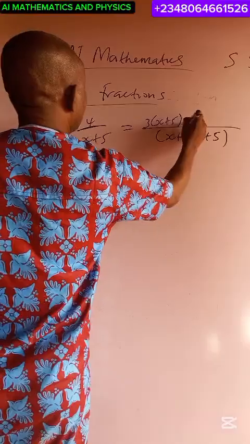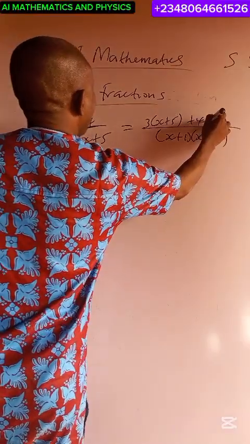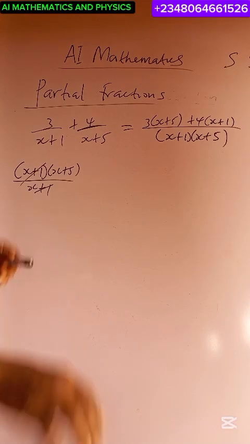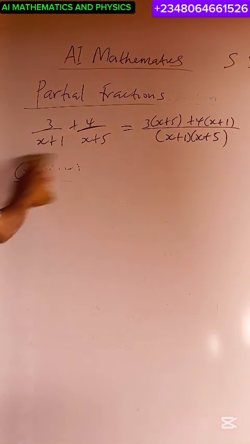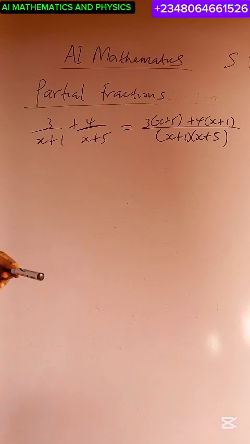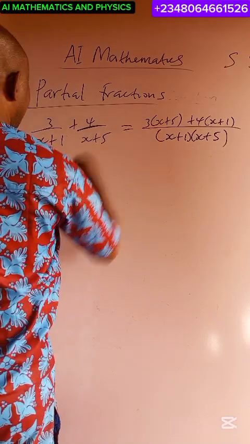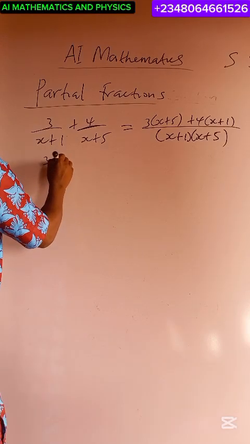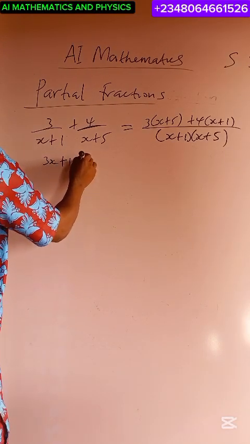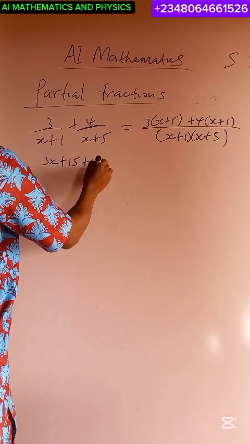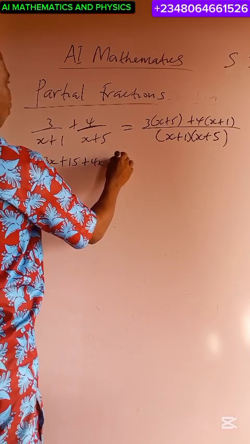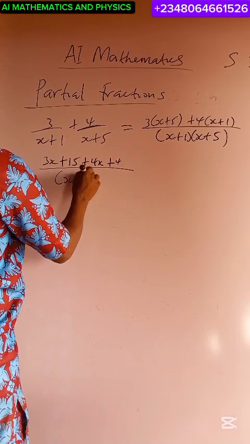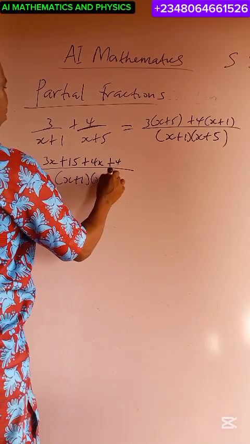Likewise, the plus 4, you multiply this one also by x plus 1. Then you have 3 times x, that's 3x. 3 times 5, plus 15. 4 times x, 4x. 4 times 1, plus 4. Everything over x plus 1, x plus 5.